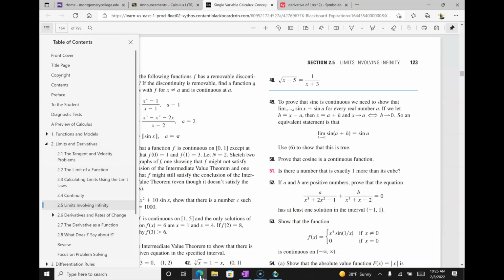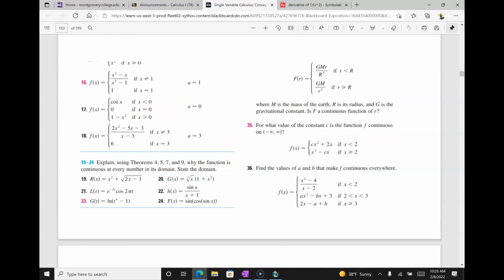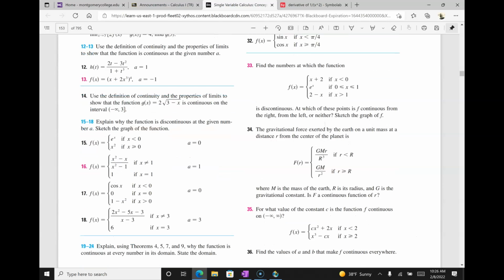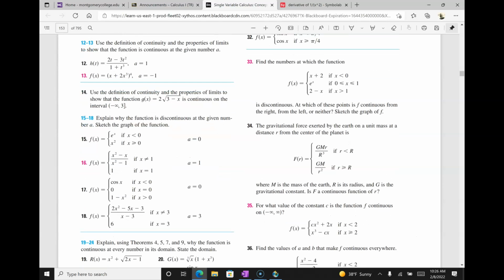Oh, it's 2.4, sorry. Let's take a look at 16. So explain why we're discontinuous at A.